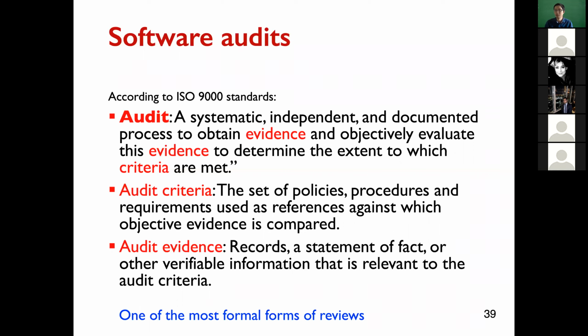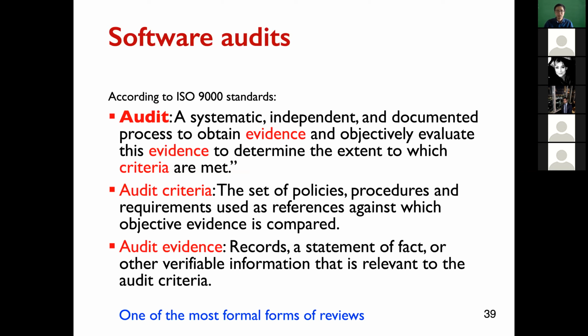For example, the evidence can be the documentation of our process, the source code, the styles, and the following of the process when developing the source code. So we check the evidence against the criteria. If the evidence meets the criteria, we say the audit is successful.